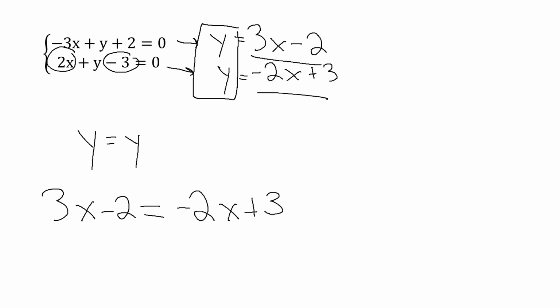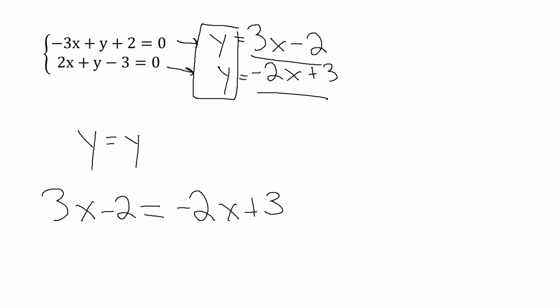And now I can solve for y. I can't do anything to solve for x or y here because there's two variables. By setting these equations equal to each other, I can now work an equation and solve this for x.